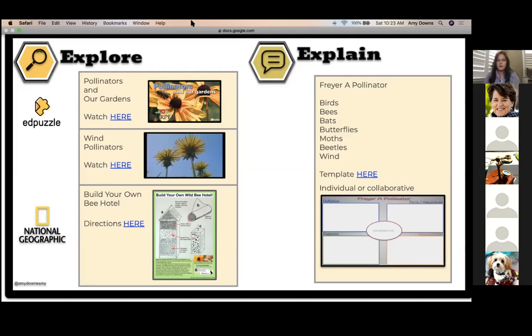It just broadens that traditional unit that I think a lot of teachers have taught, but it adds this hands-on exploration that kids can do.